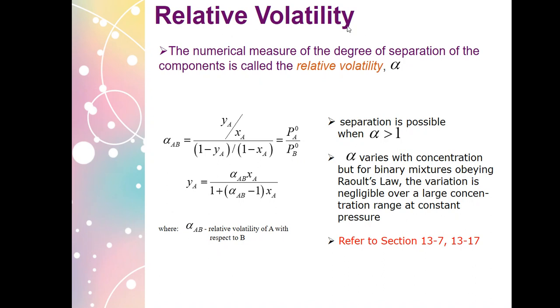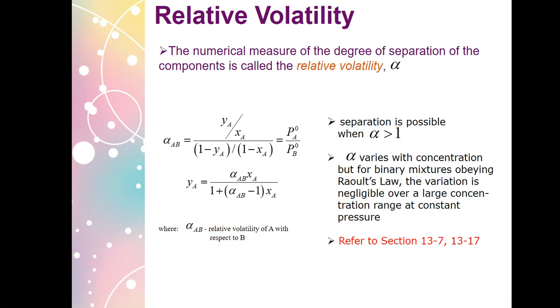Now, how does relative volatility tell us whether separation is possible or not in distillation, or in any separation process for that matter? Separation is possible whenever alpha has a value greater than 1. Now, alpha varies with concentration, but for binary mixtures obeying Raoult's law, the variation is negligible over a large concentration range at constant pressure.